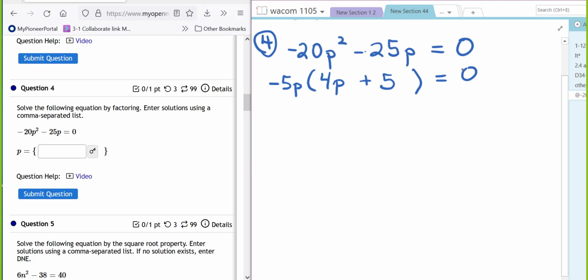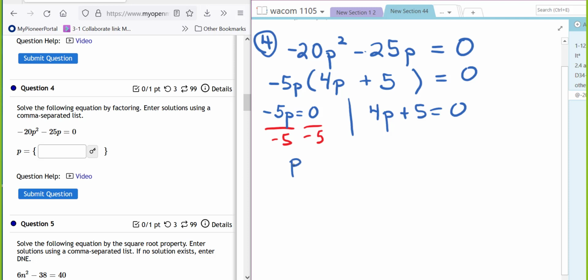And now we set it equal to 0 and solve. So this is also the zero product law. So we set each one equal to 0. And this one you're going to divide by negative 5. It's still going to give you 0. Don't throw 0 away. 0 is an answer. Right? And for this one, subtract your 5.